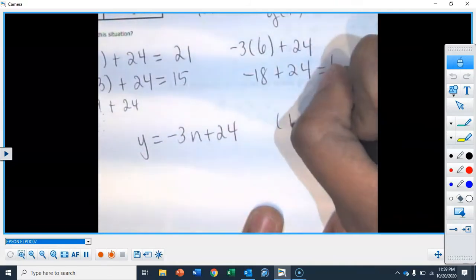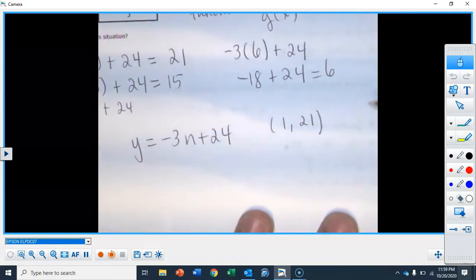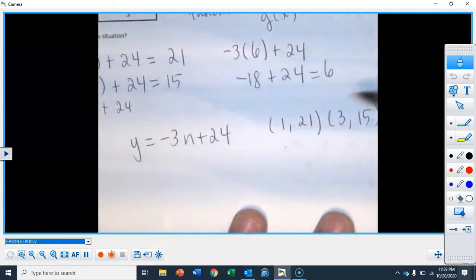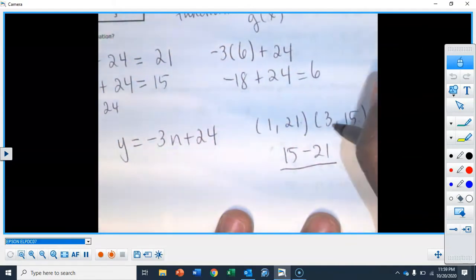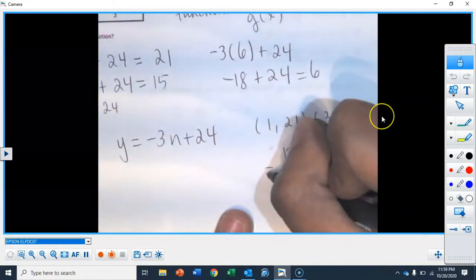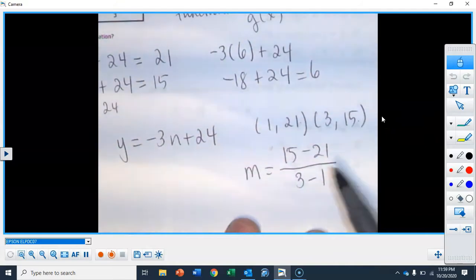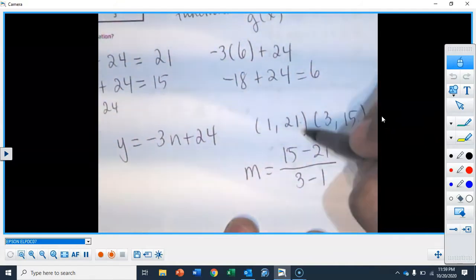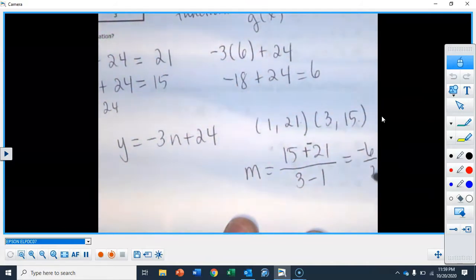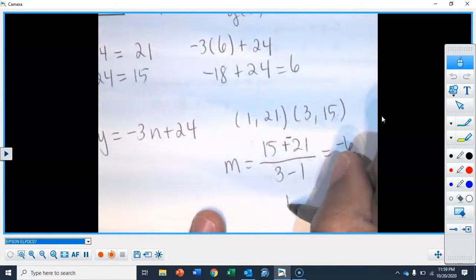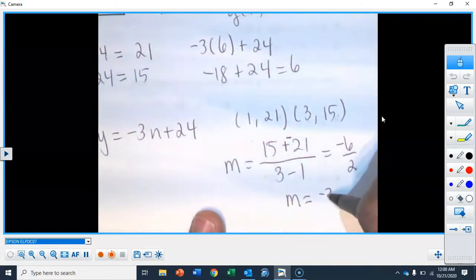If I had the points 1, 21, and then another point of 3, 15, and then I do, again, y2 minus y1, so I would do 15 minus 21 divided by 3 minus 1. This is my m. And of course, if I do my subtraction, that's a change to a plus, bump back the negative. This is going to be -6 divided by 2. And -6 divided by 2 is -3.